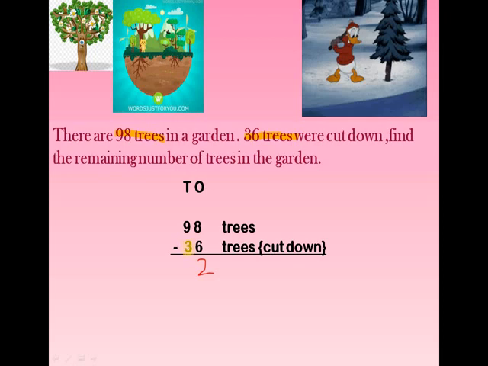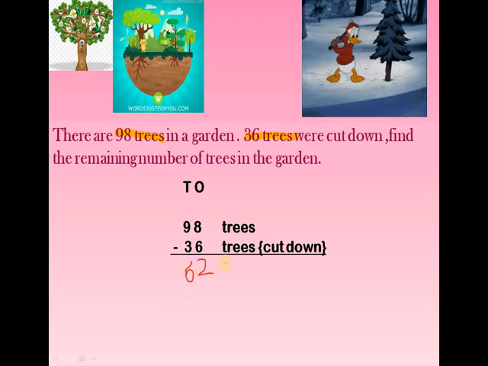Again observe the top number, which is bigger than the bottom number. Very good. Top number is bigger than the bottom number, so we can subtract. 9 minus 3 is 6.